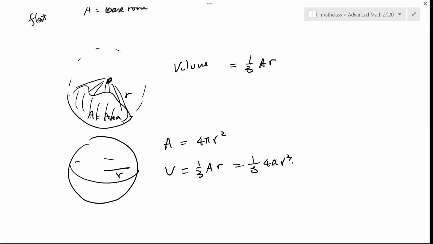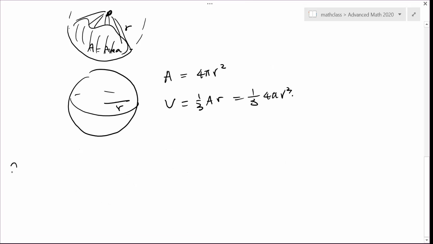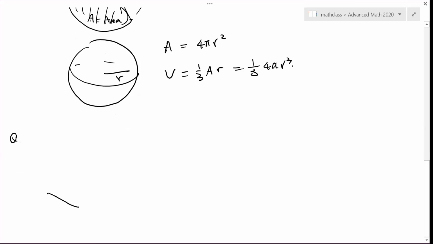Let's do some exercise. I have a triangle with sides 5, 12, and 13, and there is a cone over that.